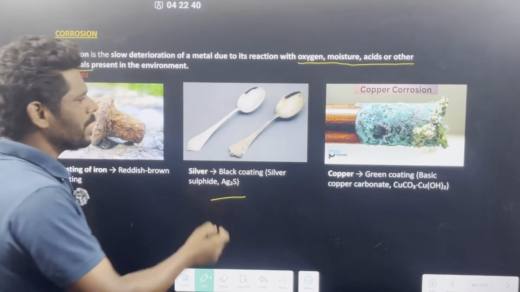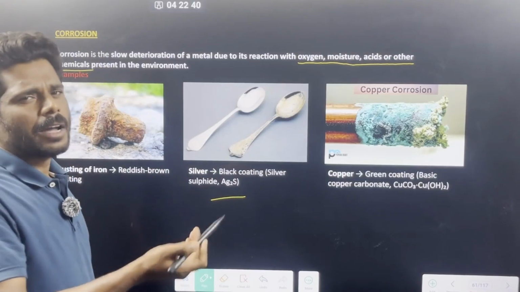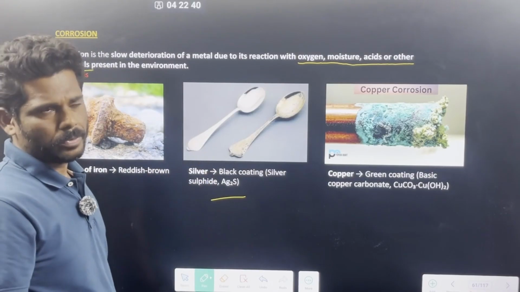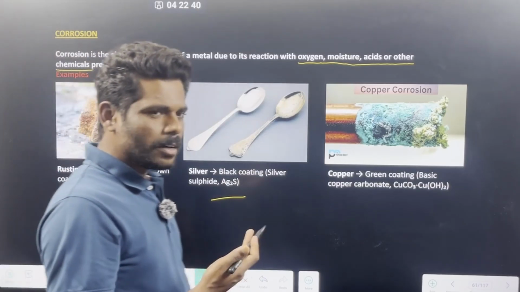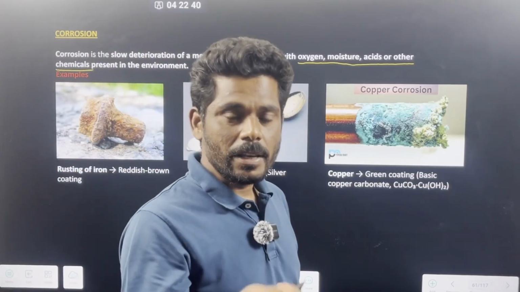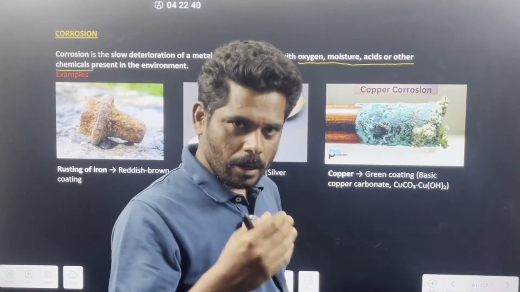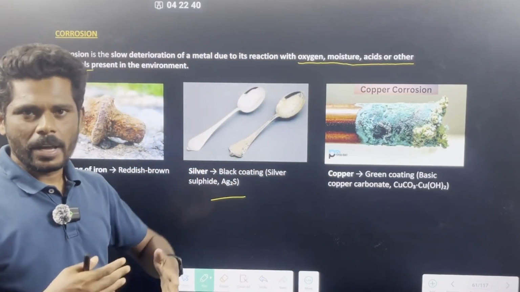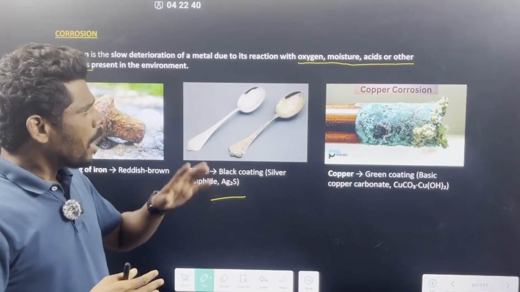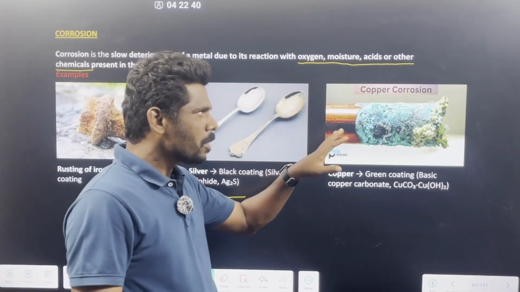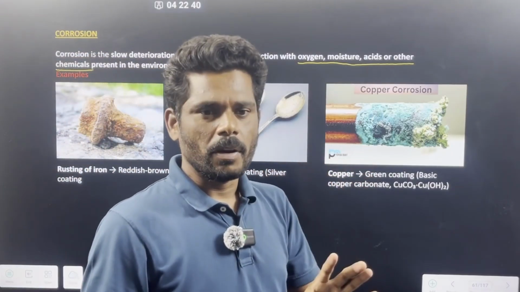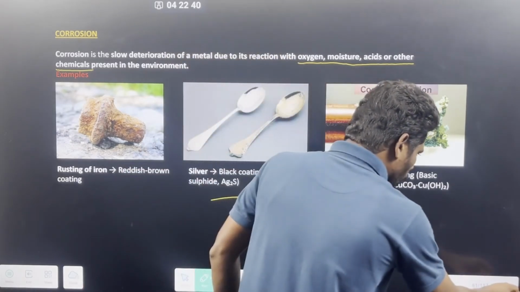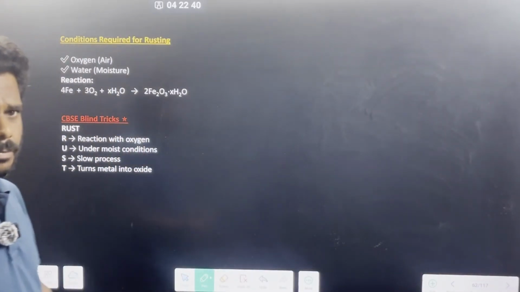Suppose sulfide is formed, or maybe some other compounds, instead of the pure metal. That destroys the properties of the metals, like we discussed in earlier classes: conductivity, ductility, malleability, sonority, lustrous nature. All those good qualities of the metals will be lost when they form rust, when they undergo corrosion. So how does that corrosion actually happen?